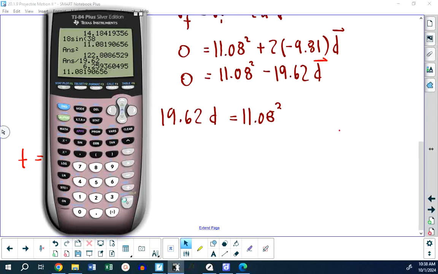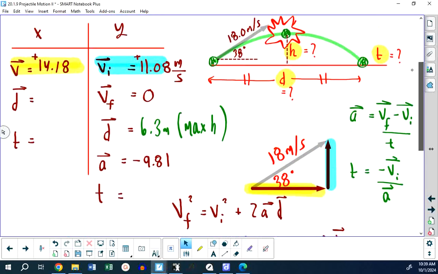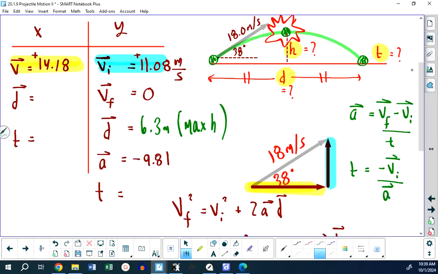I'm probably just going to leave out the negatives when I do the division because they're going to cancel. So 11.08 divided by 9.81 gives about 1.13 seconds. Don't forget, and I'm going to write that into the chart, there it is, 1.13 seconds. That's only half the total time.